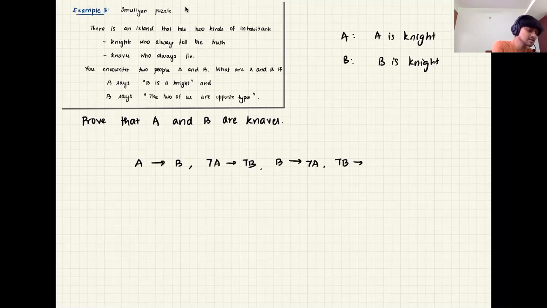So both of them have to be of the same type. That will imply not A. Okay. And from this, we want to derive not A and not B. So I'm just rephrasing the question as a sequent. If the question was prove that A and B are knaves, given these premises, you can write it symbolically using this sequent. Okay.